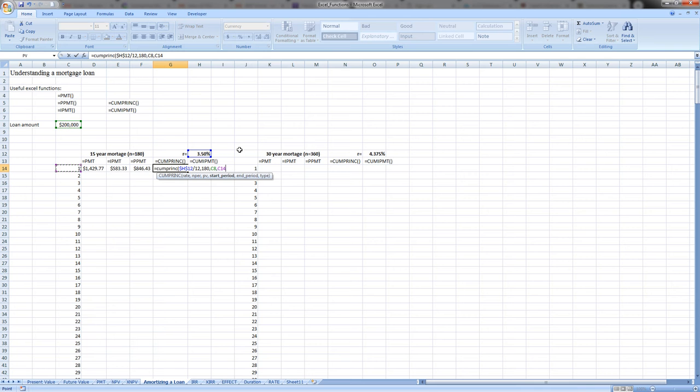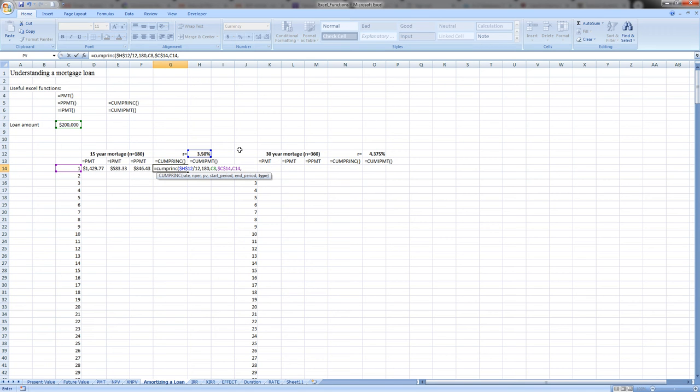The start value is period 1, so we're going to hit F4, and what we're going to do is calculate the cumulative principal since we started paying the mortgage, and what this is going to do is give us an inverse relationship to the loan amount. So as the cumulative principal goes up, the loan amount is decreasing. And the end period is the period reference.